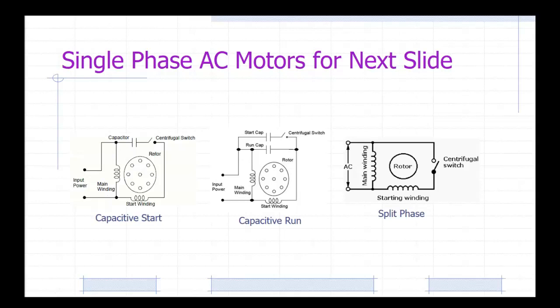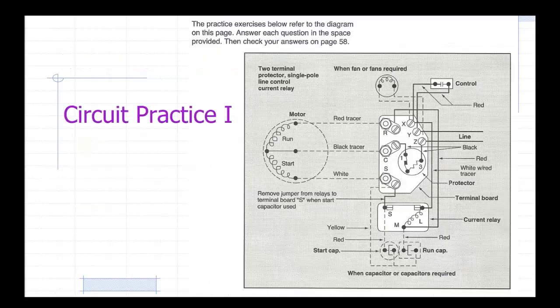These are some AC motors for what we're about to talk about. So this is Circuit 1 practice. This should be in your book, at the back of chapter 4. If you don't have your own book, please share with somebody else, or at least everybody look at it. I've got this as big as I can get it.